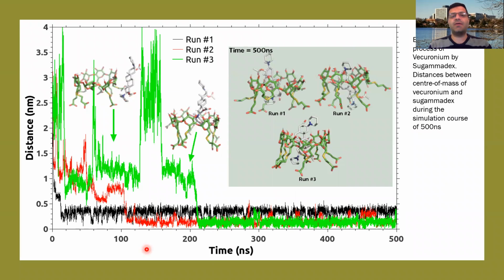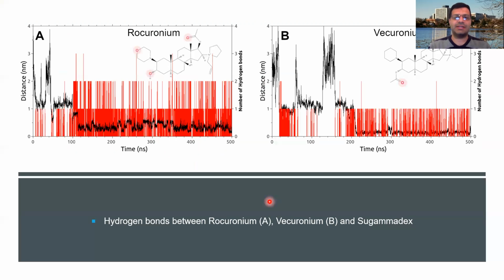It's happening for the other drug as well, but that drug has more freedom, and we know it has less affinity to Sugammadex. So this simulation also shows that it has more freedom to go around, and it takes more time for some of them to go into the Sugammadex. But it's still the same as rocuronium: when it goes in, it still remains there.